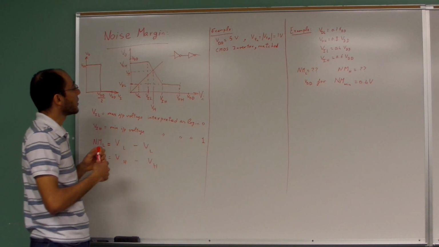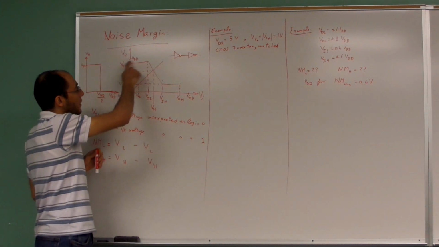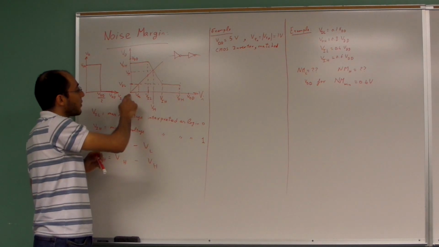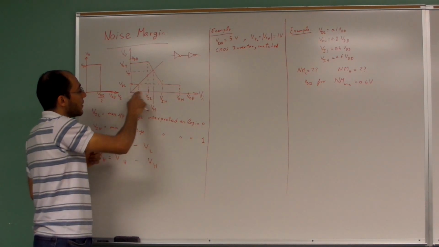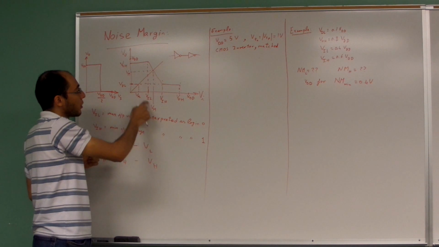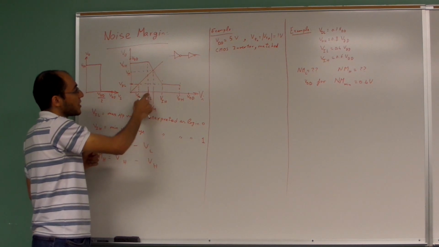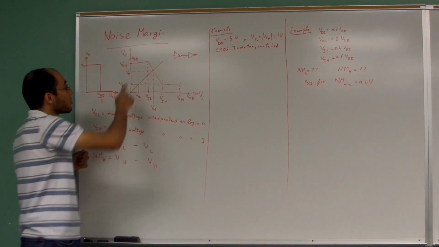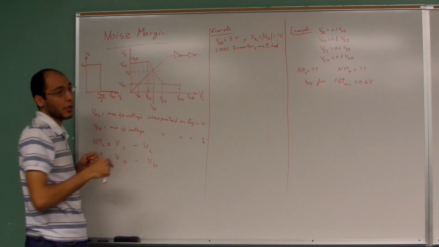In this graph you have this kind of piecewise linear behavior. When you input a voltage that is at most V input low, you expect to see an output voltage close to VDD, which is called V output high.